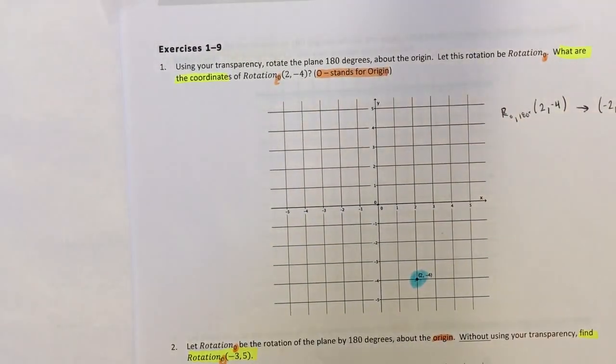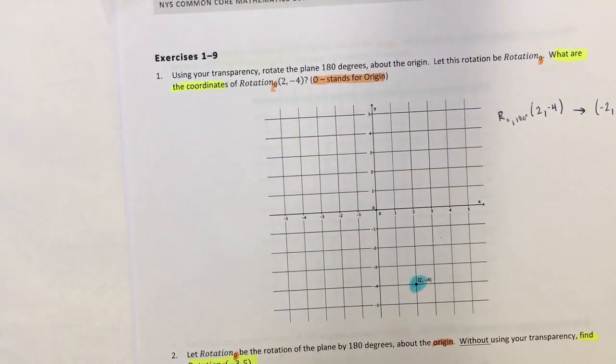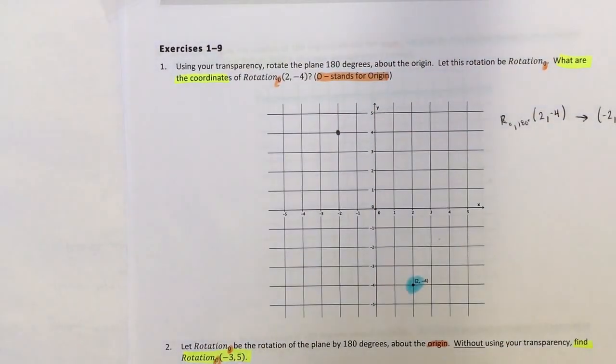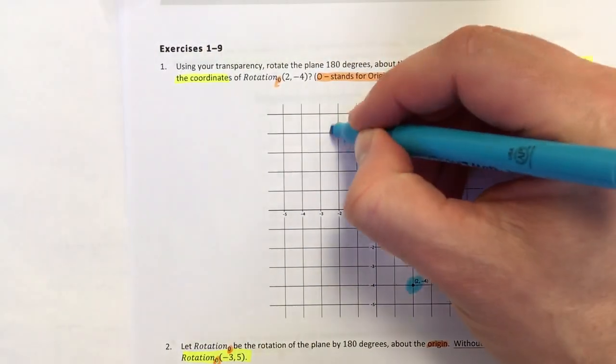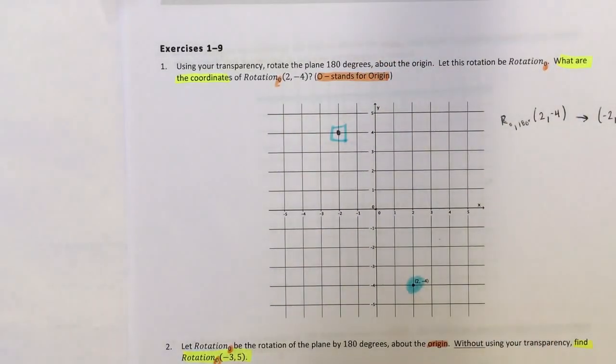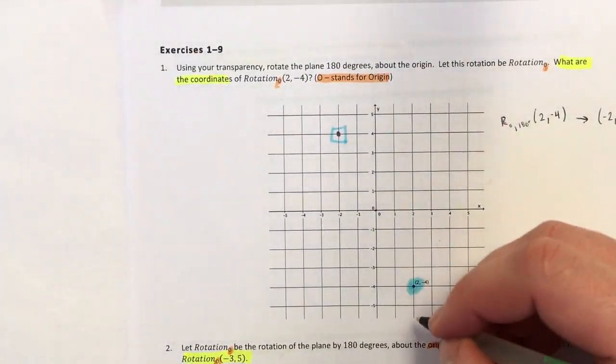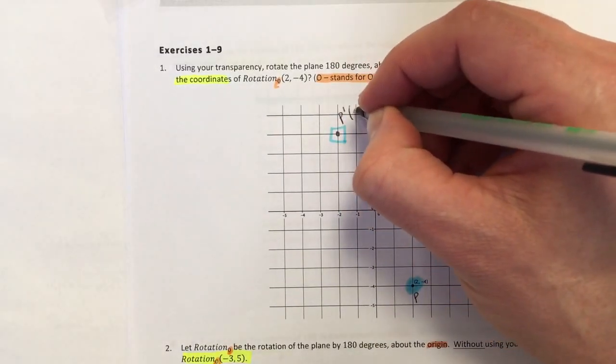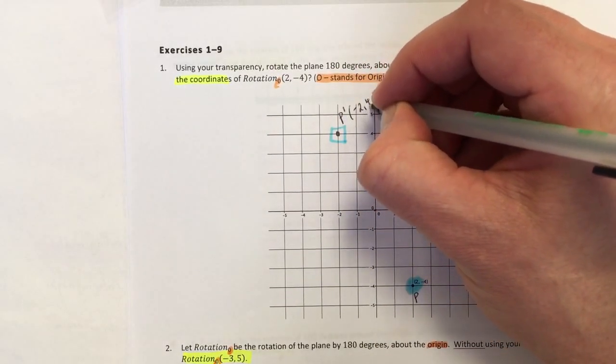So this got plotted here after a rotation of 180 degrees. We could call this P and P prime, and this is (-2, 4).